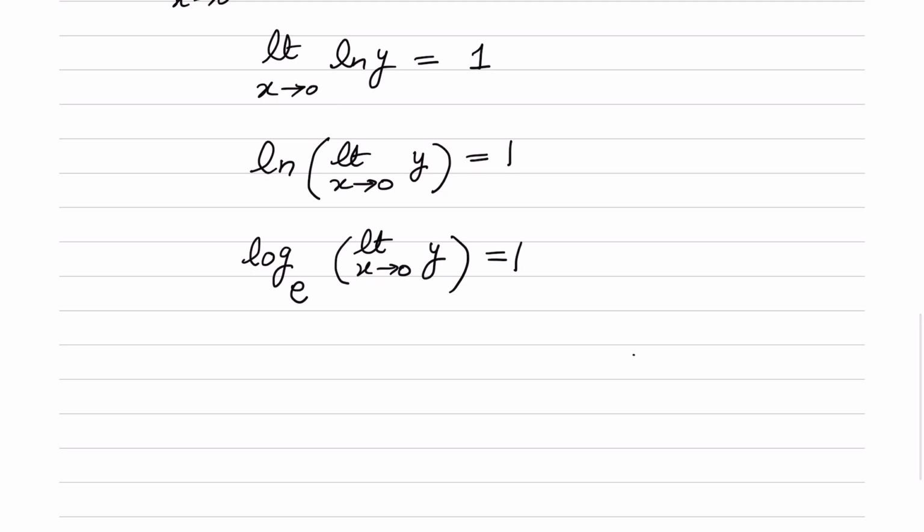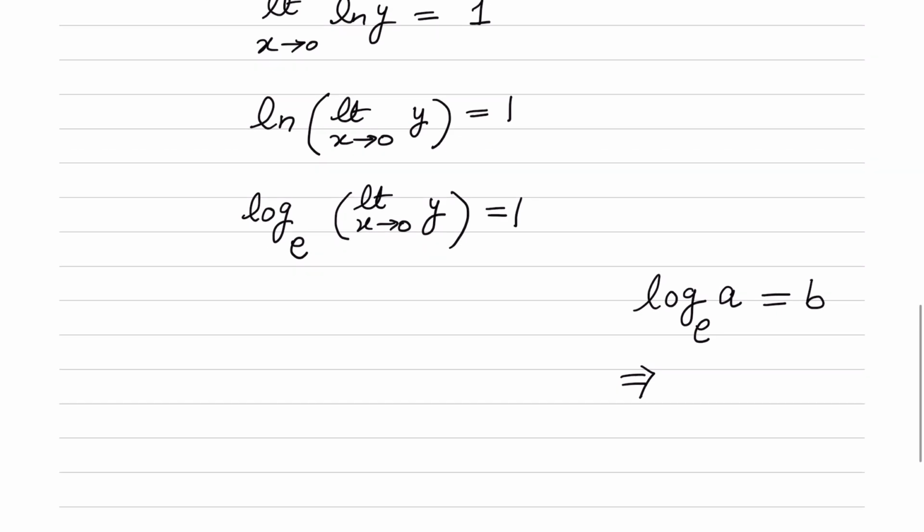Now there is a log property which says if you have log base e of a equal to b, then this logarithmic expression can be written in exponential form. You write the base first, the number b becomes the power, and the number written with log comes on the other side.